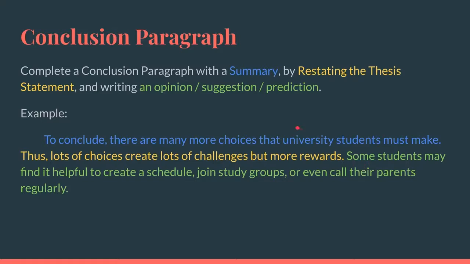Now, at the very end of your essay, it's your turn to tell the reader what you really think, or what they can do, or what will happen. So that's your opinion, suggestion, or prediction. Some students may find it helpful to create a schedule, join study groups, or even call their parents regularly.